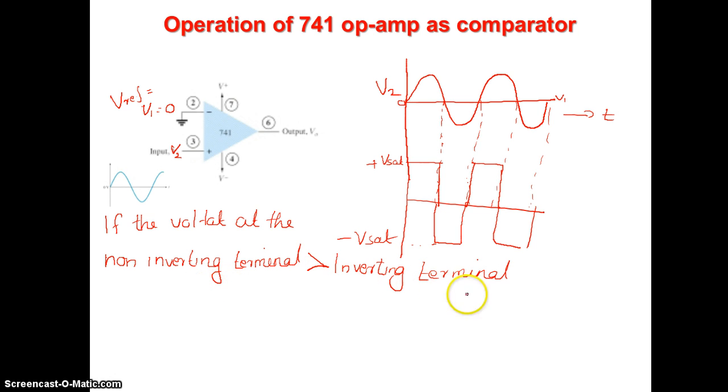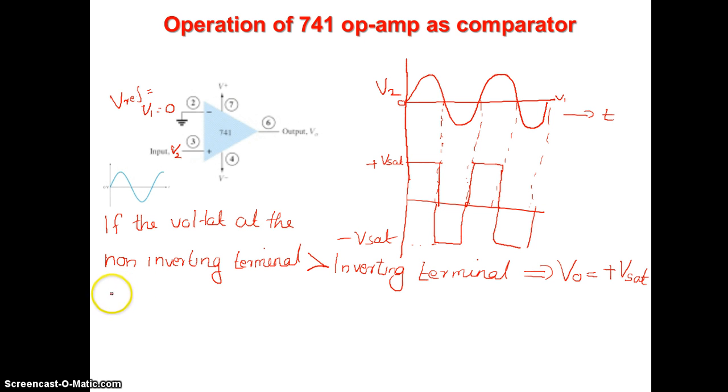Inverting terminal, remember your output VO will be... non-inverting is plus, inverting is minus. Plus is higher than minus, so your output will go to plus Vsat, positive.